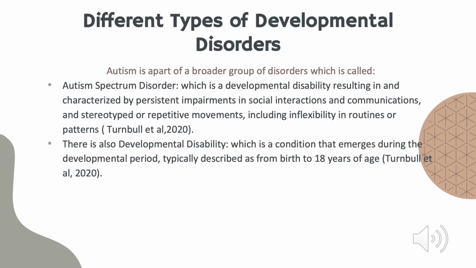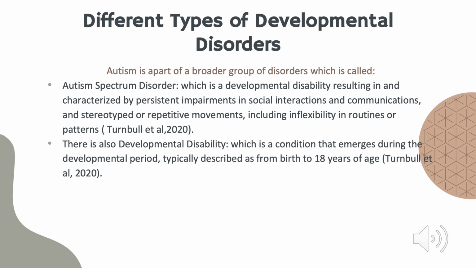So now we'll be going over different types of developmental disorders, which autism is a part of. It is a broader group of disorders called autism spectrum disorder, which is a developmental disability characterized by persistent impairments in social interactions and communications, and stereotyped or repetitive movements, including inflexibility in routines or patterns.